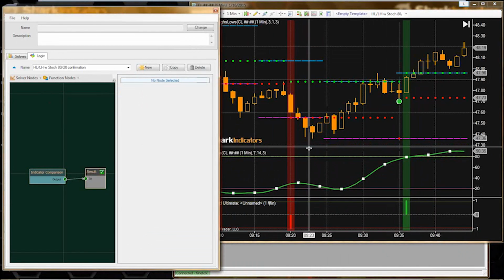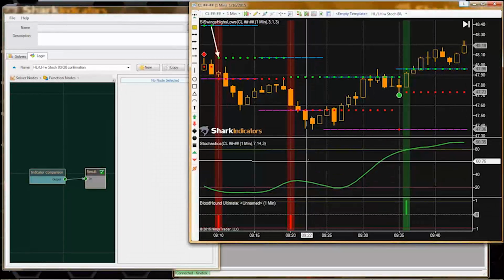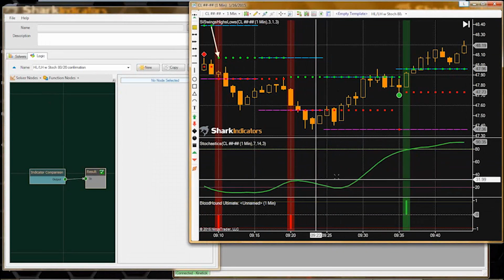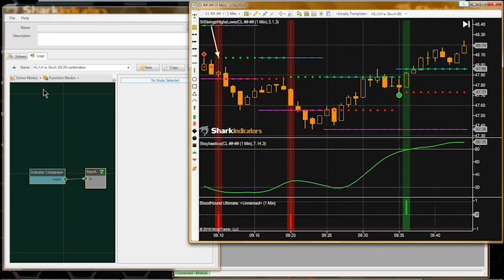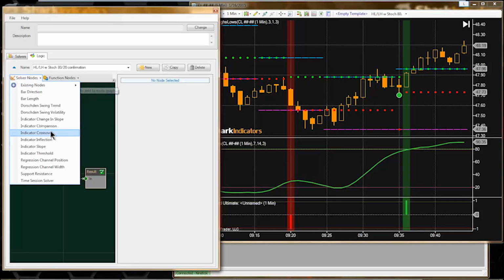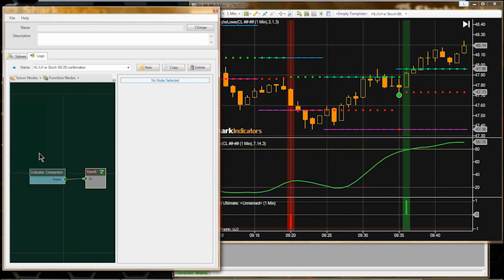The stochastic and the MACD run in their own subpanel on the chart, because they have their own scaling. The stochastic has a fixed scaling from 0 to 100. So any indicator that has its own scaling, typically that's when you want to use the threshold solver.